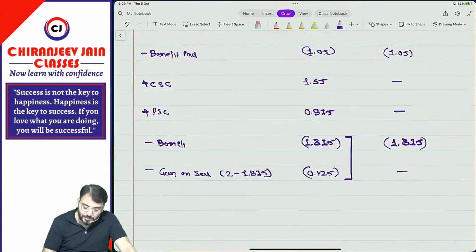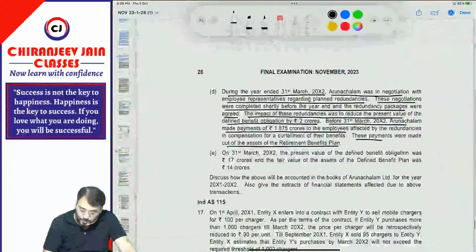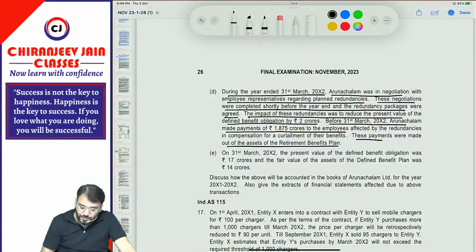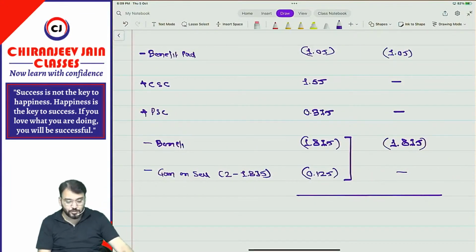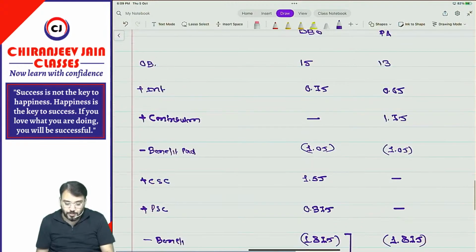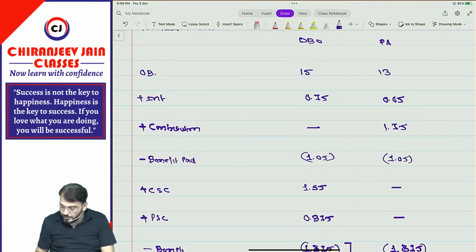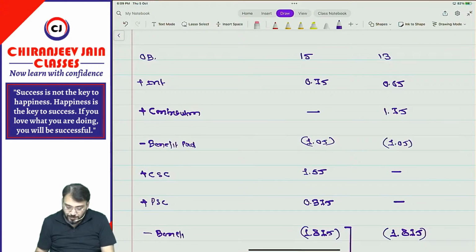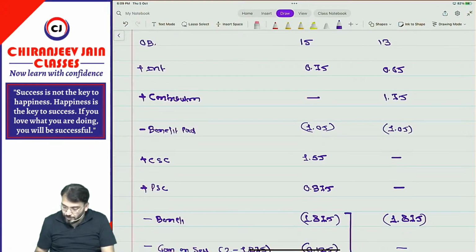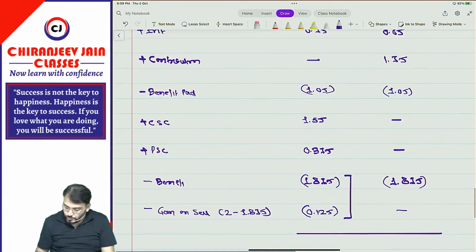Yes, sir. Correct. Then what is given? On 31st March, the closing balance is given. So first, can you give me this balance? Just work it out. How much is it coming? It is 15 plus 0.75 minus 1.05 plus 1.55 plus 0.375 minus 2.